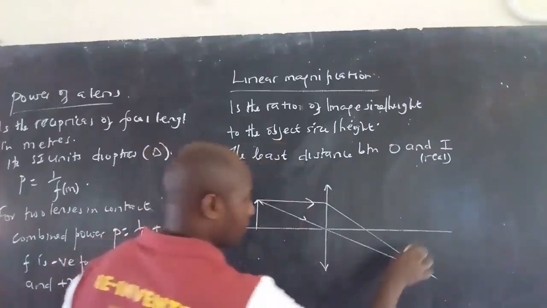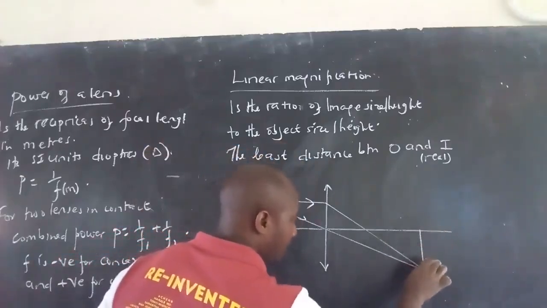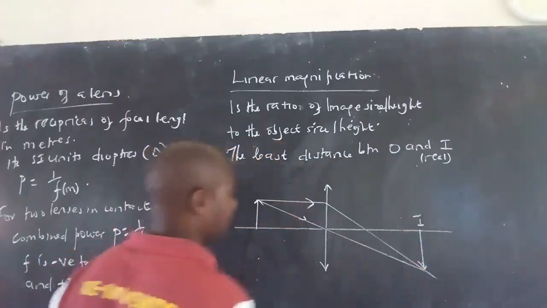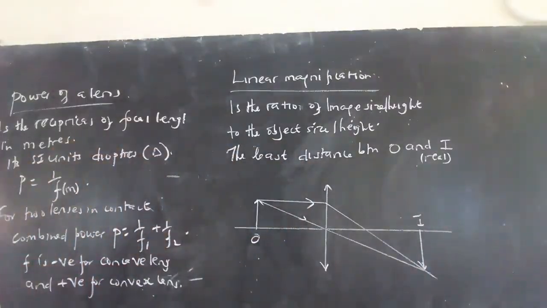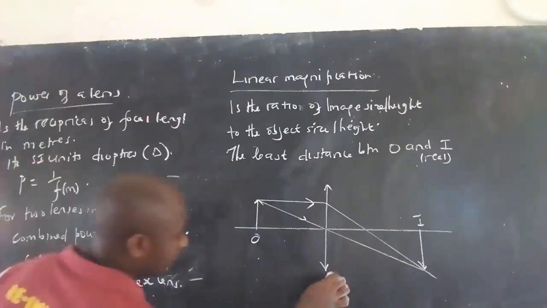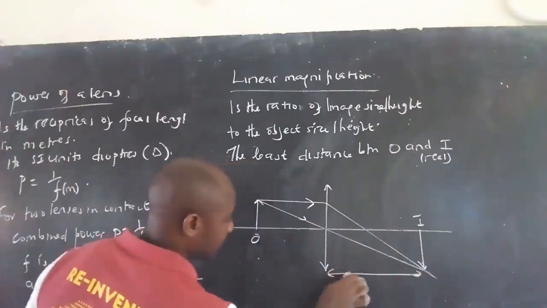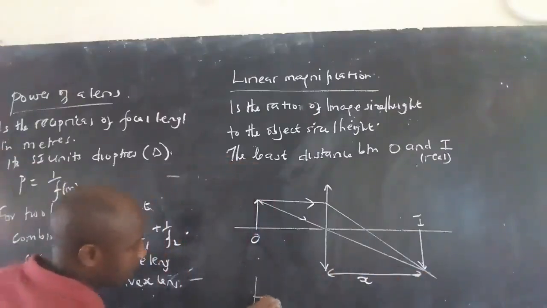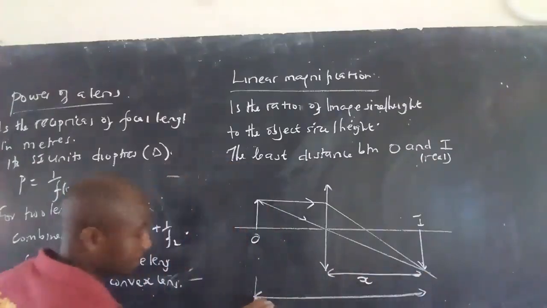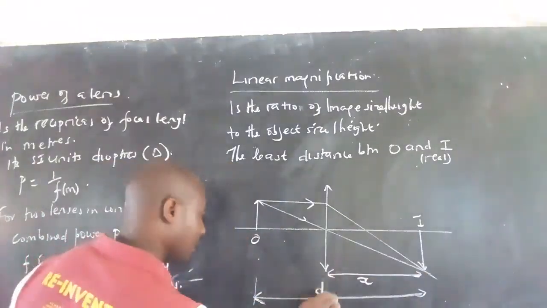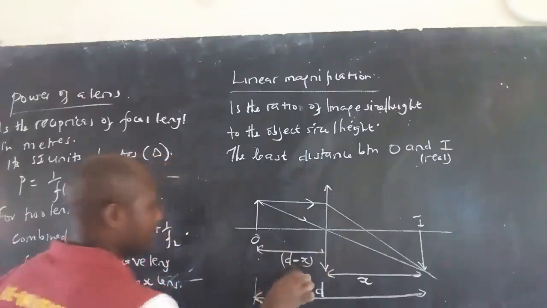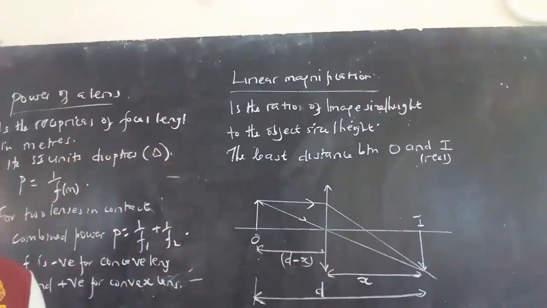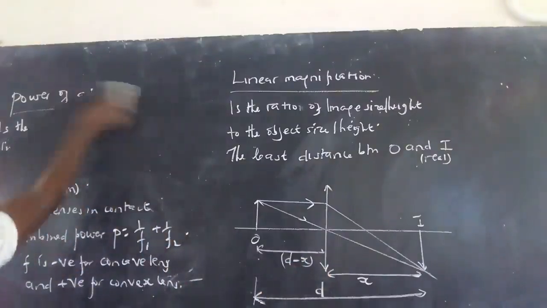This is I, and this is the object O. Let the image be formed at the distance x, and then the distance between object and image is d. So this becomes d minus x.